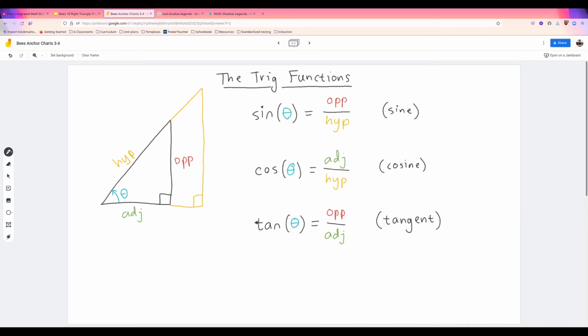It's not called the tan of theta, although it's written that way because it would take a long time to write this out, but it's called the tangent of theta.